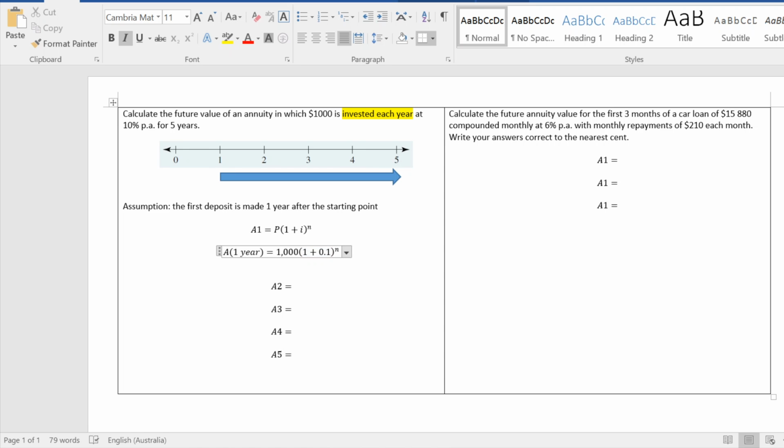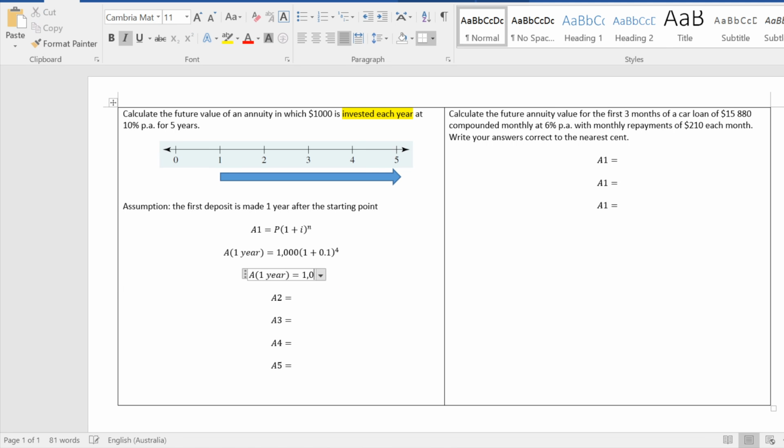Now, let's just count out the number of years. Remember, n is not going to be 5. So this $1,000 is in there for 1, 2, 3, 4 years. Okay? And there's your full formula for that. Putting that into the calculator, let's see what we end up with.